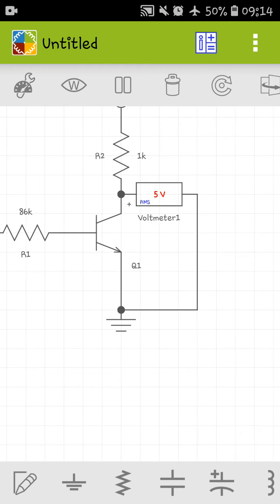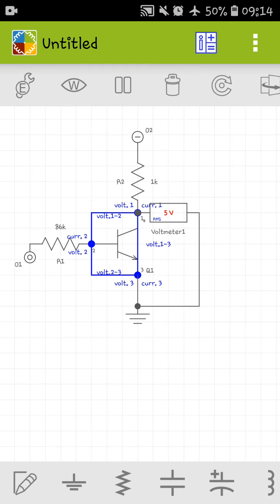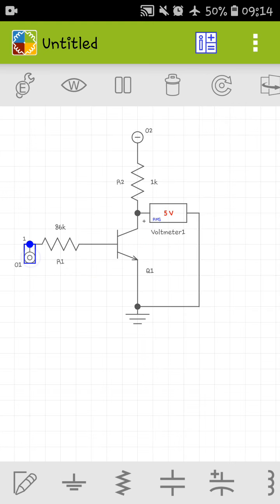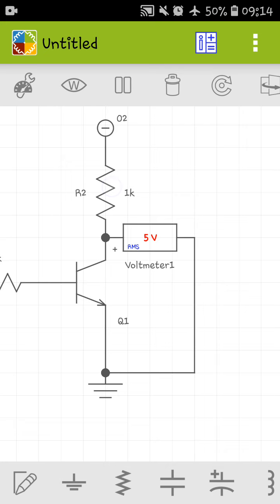Here we have given only 0 volt, not 0.7, so the transistor is in off state. When the transistor is off, the resistance between the collector and emitter terminal is very high. Here is 1 kilo ohm and here is in the range of 1 mega ohm, so all the supply voltage will be dropped across the higher resistance.